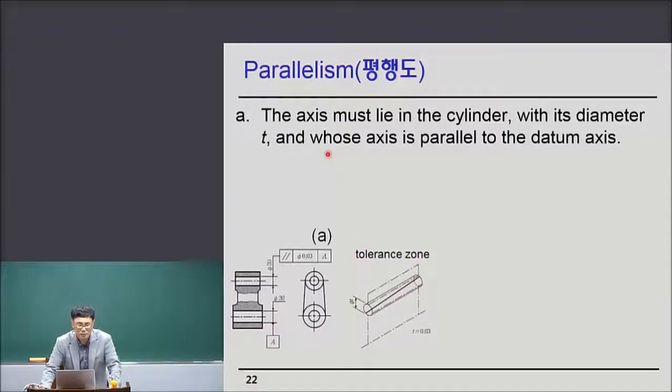The axis must lie in a cylinder with diameter t whose axis is parallel to the datum axis.